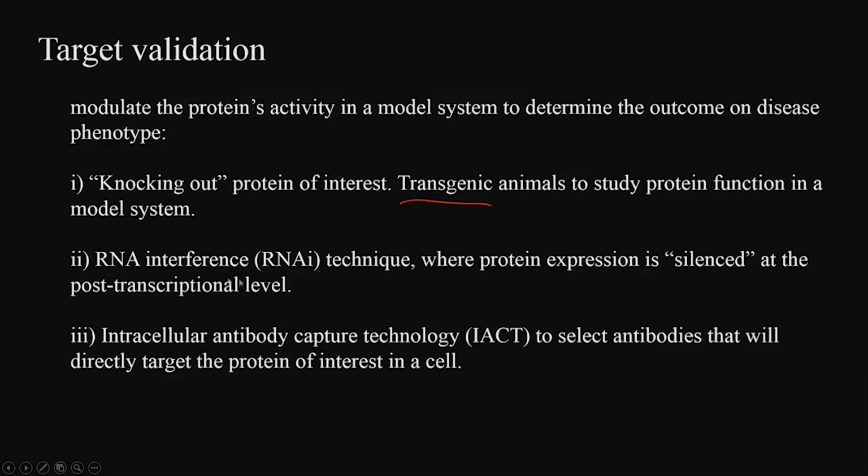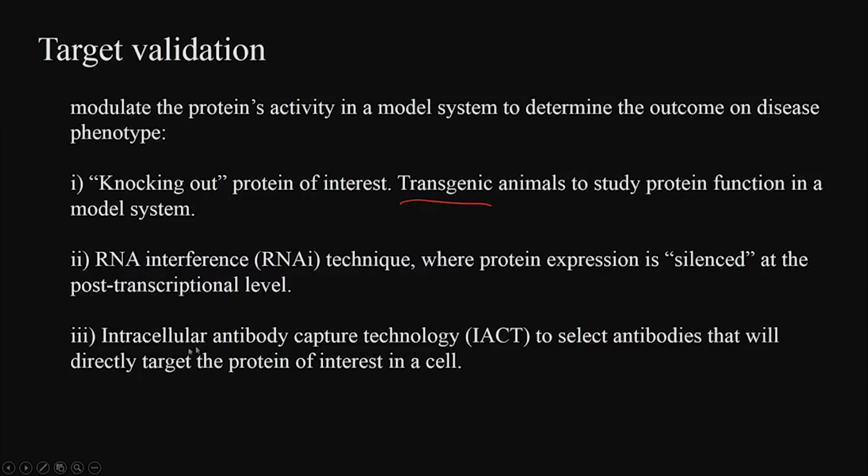Or I can use an RNA interference technique, where the protein expression, the protein is after all expressed through the gene, is silenced at the post transcriptional level, that means the protein is not produced, and then you study it, because all these techniques are needed to be very sure that that is the protein which is involved in that particular disease.